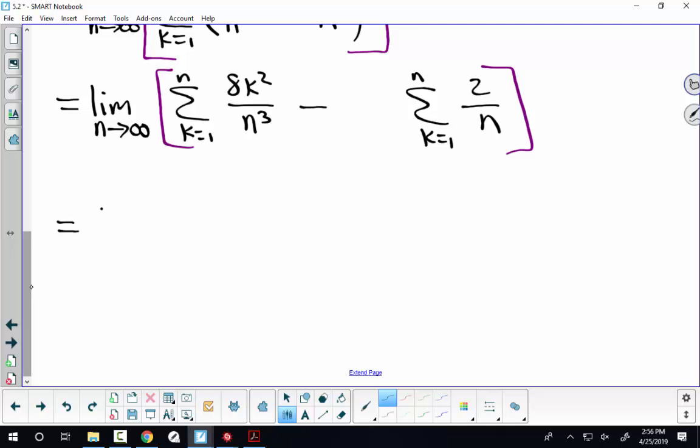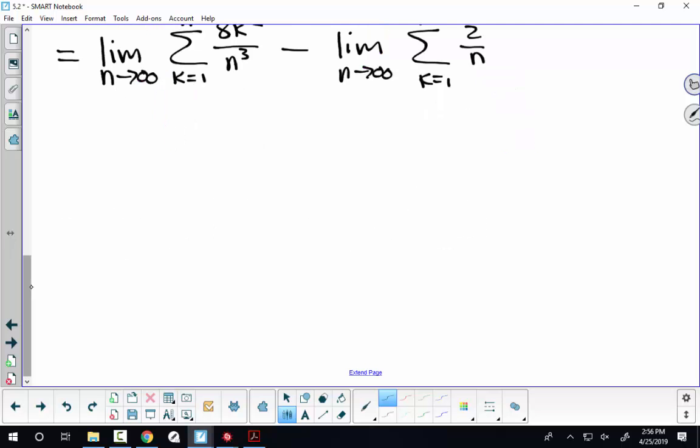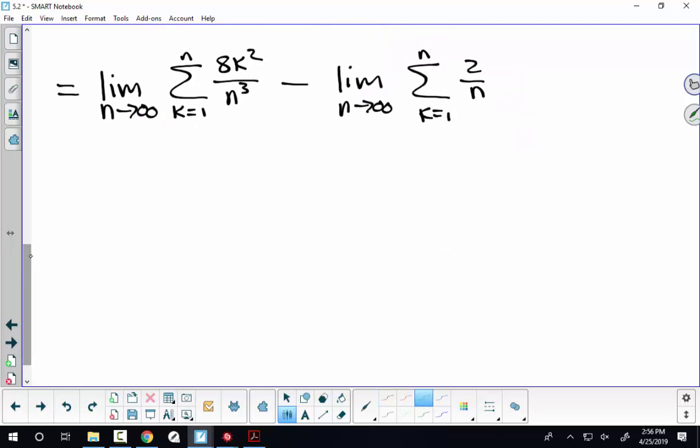Okay. So that's the limit of, and now we're back to the step I just erased, the limit of this sum minus the limit of the other sum. Again, we know this to be 8/3 from our previous example.